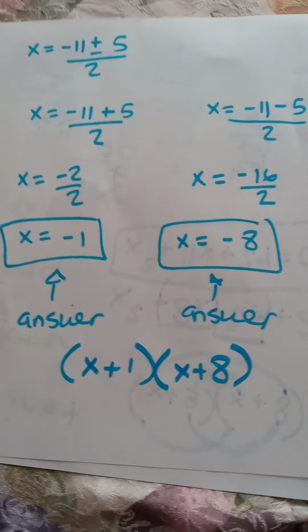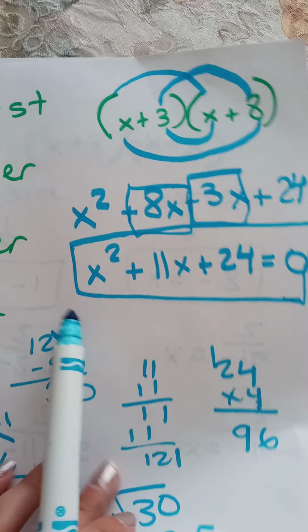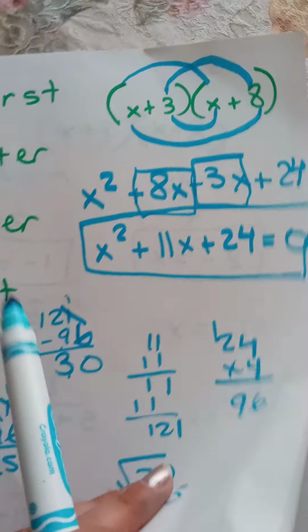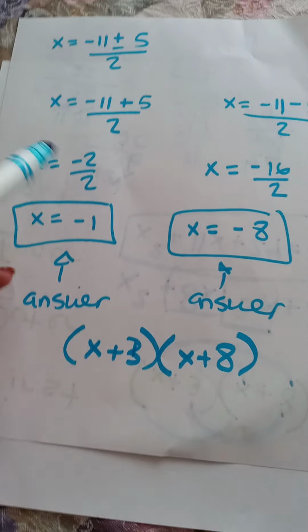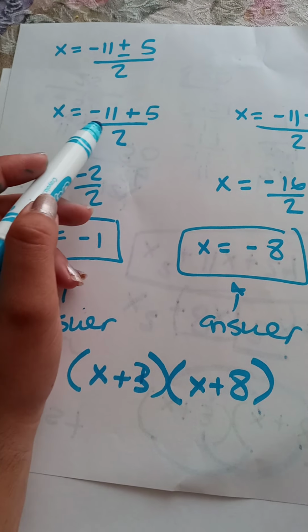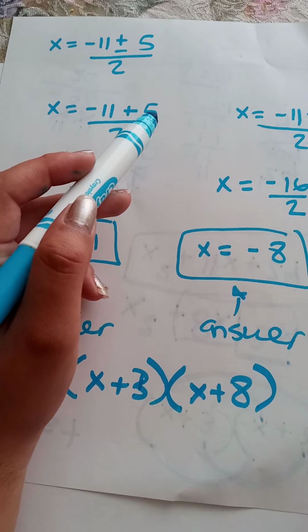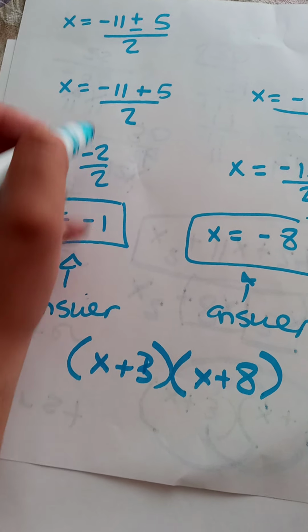I'll show you guys what I mean. This is what I'm talking about. Like in the beginning, it was x plus 3, x plus 8. And that is what we should have gotten when we plugged in the variables inside the formula. I messed up. Right here, it should have been negative 11 plus 5. It should have been 6.